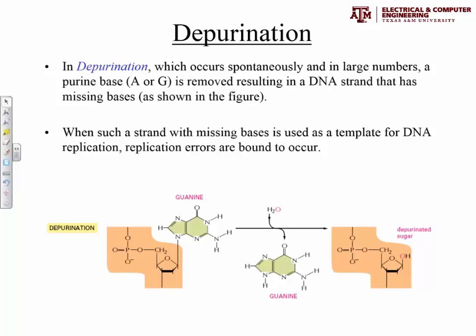So this is depurination, and apparently this happens spontaneously because that biology book has some numbers that by the time you finish reading this page, several thousand of these are gone in your body, okay? They're gone. But it gets fixed, so we don't need to lose sleep over that. So when such a strand with missing bases is used as a template, replication errors are bound to occur.